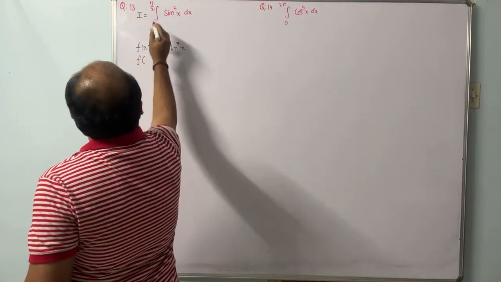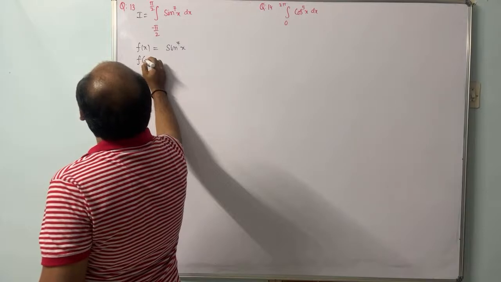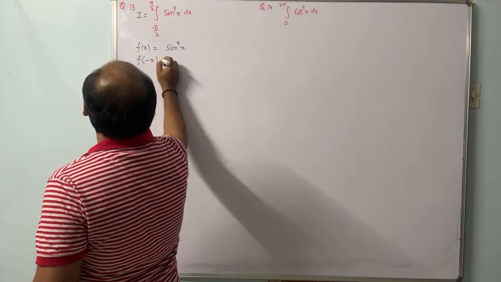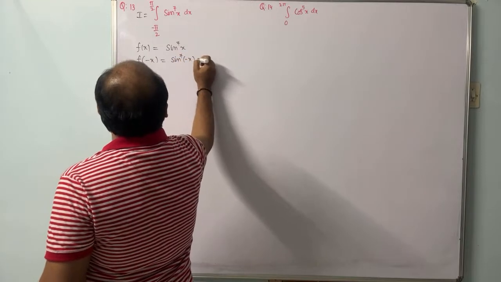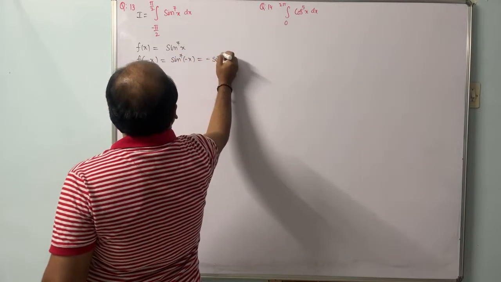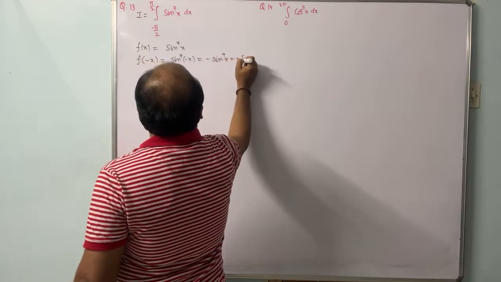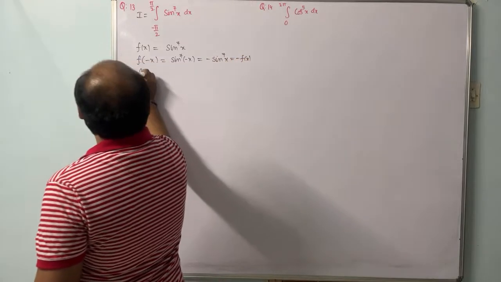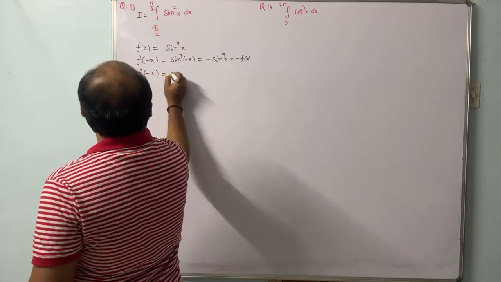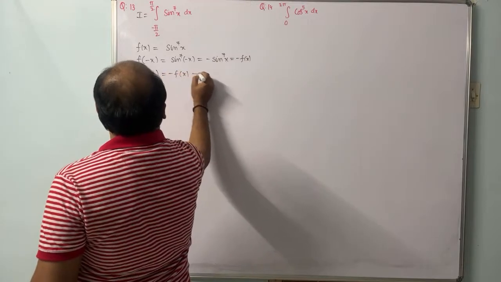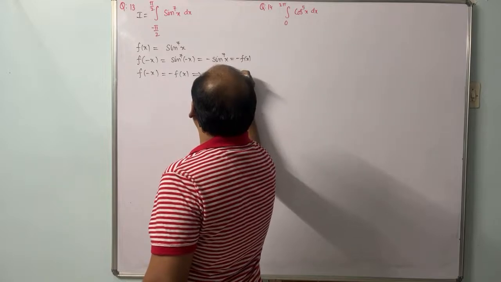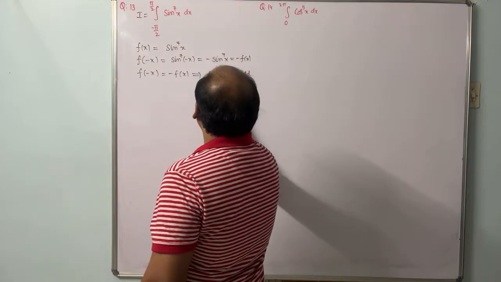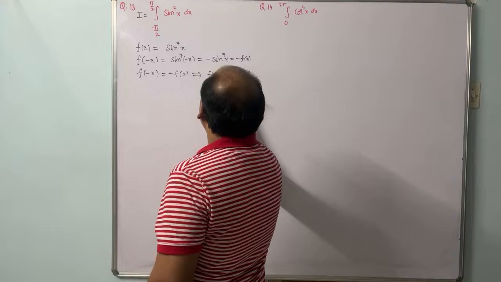So f of minus x, directly I am writing, sine power 7 of minus x, odd power means minus sine power 7x will come, which is equal to minus f of x. So f of minus x equal to minus f of x. So clearly f of x is an odd function. I hope you understand this, students.